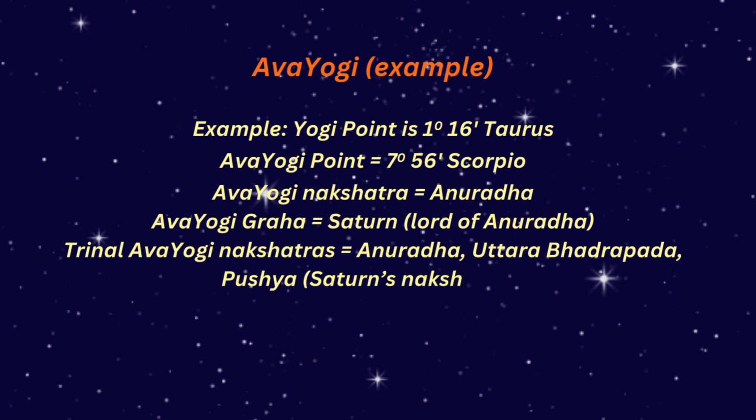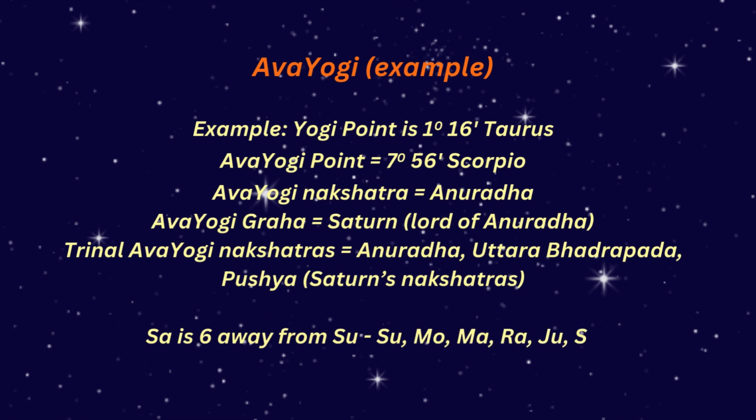Here's how it works. The exact opposite of the yogi point, that is 180 degrees away, lands at 1 degree and 16 minutes in Scorpio. Adding 6 degrees and 40 minutes, which equals 2 padas, we arrive at 7 degrees and 56 minutes in Scorpio. This is our Avayogi point.